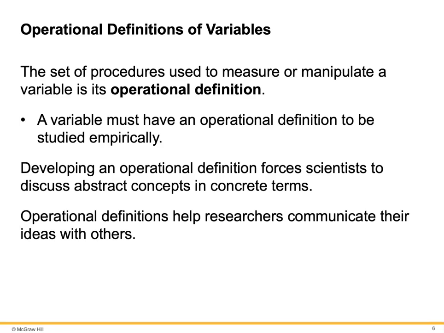Okay? So in addition, operational definitions help researchers communicate their ideas to others. So if someone wishes to talk about aggression, I need to know exactly what is meant by this term, because there are many ways of operationally defining it.